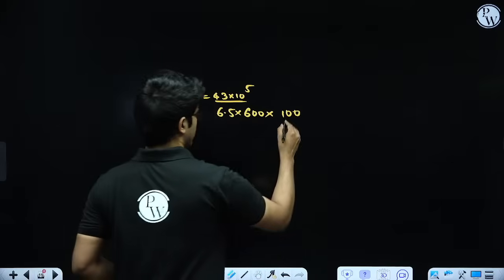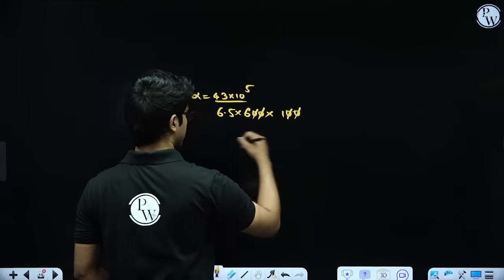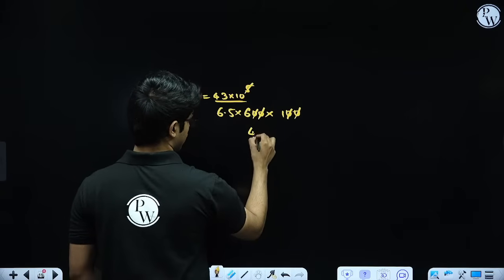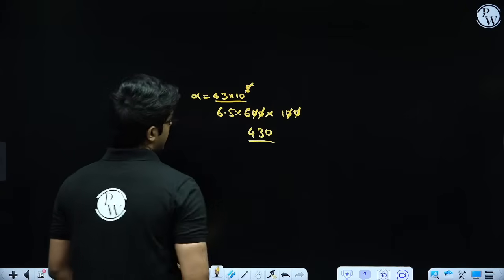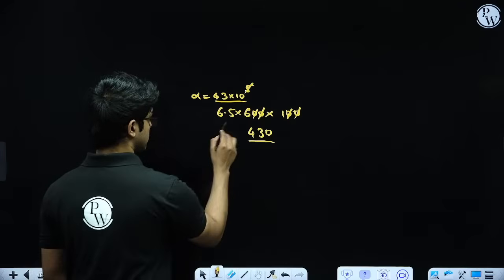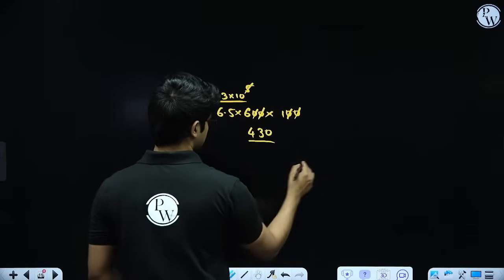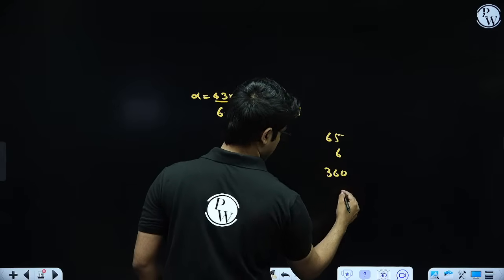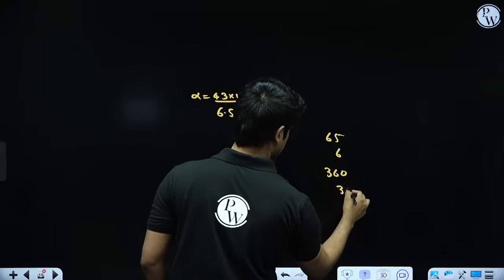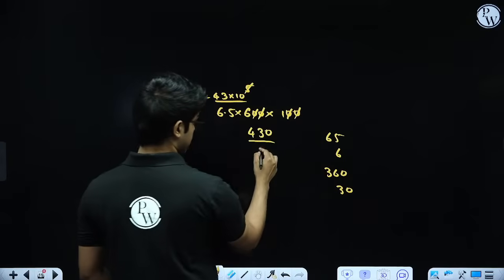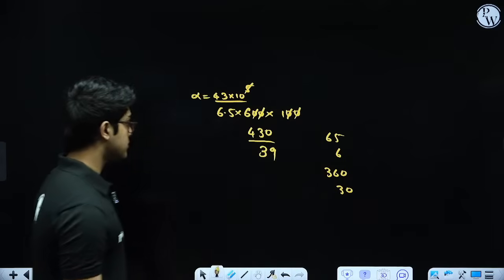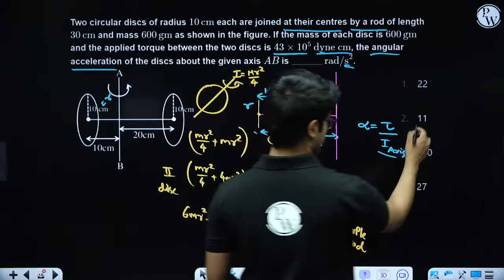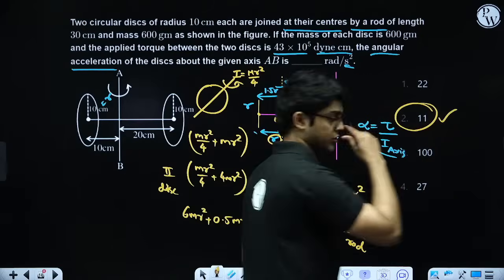This cancels out and this becomes a 10. So 430 divided by 6.5 into 6, so 360 and 30, 390, 39. So this becomes somewhat like 11ish, and that would be the answer, second option.